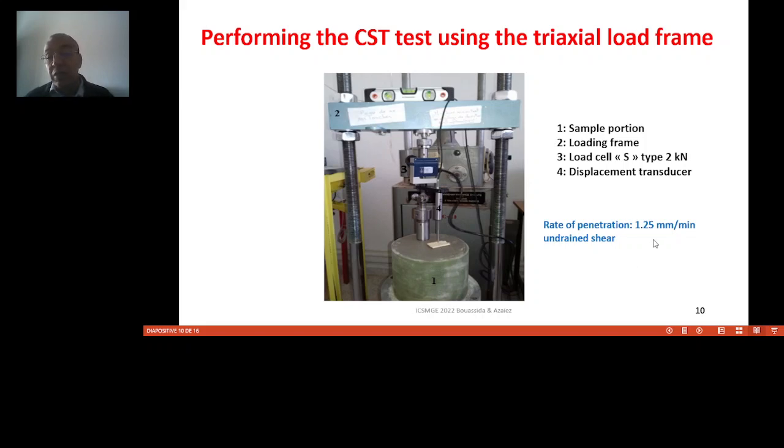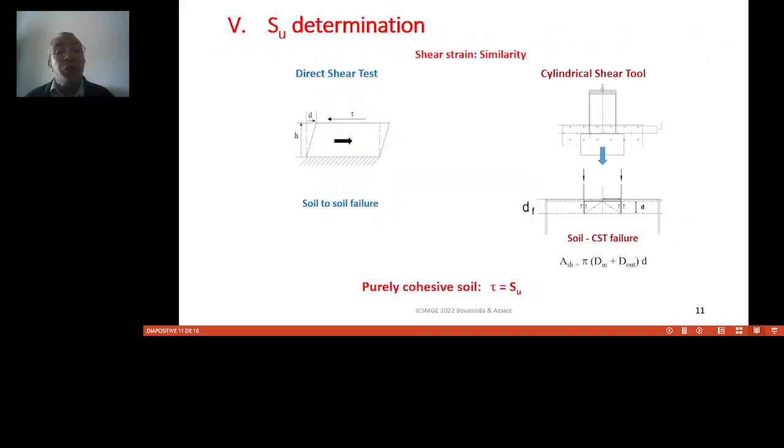And as we can see here, the rate of penetration of the CST corresponds to the undrained shear. That means a high rate of penetration. To determine the SU, first we can remind that from the direct shear test we used the resistance between 2 soil portions.